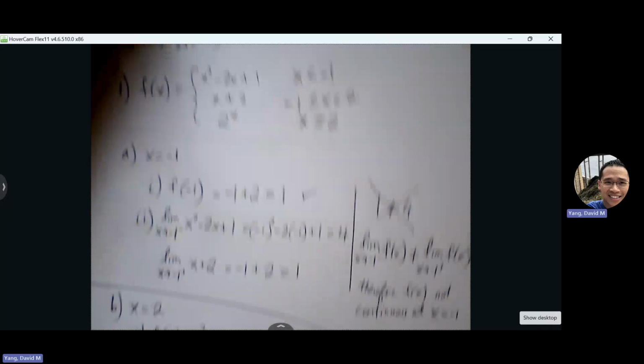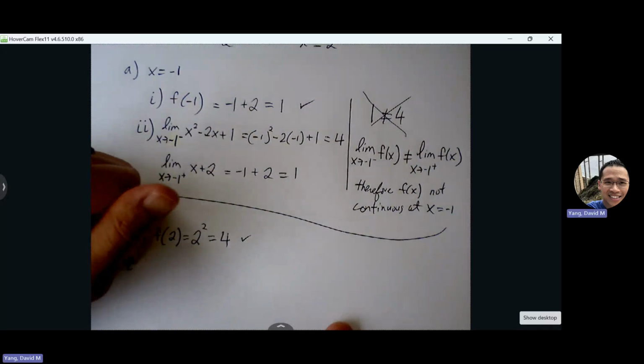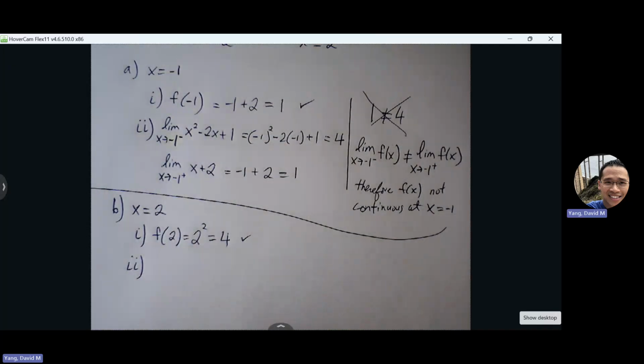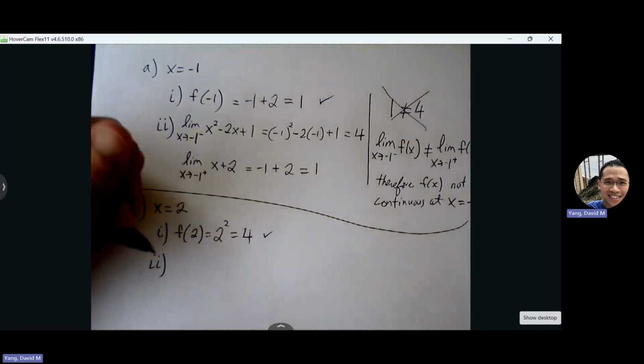First condition passes. Second condition, we do have to rely on one-sided limits because we have 2 different functions defining either side of 2.